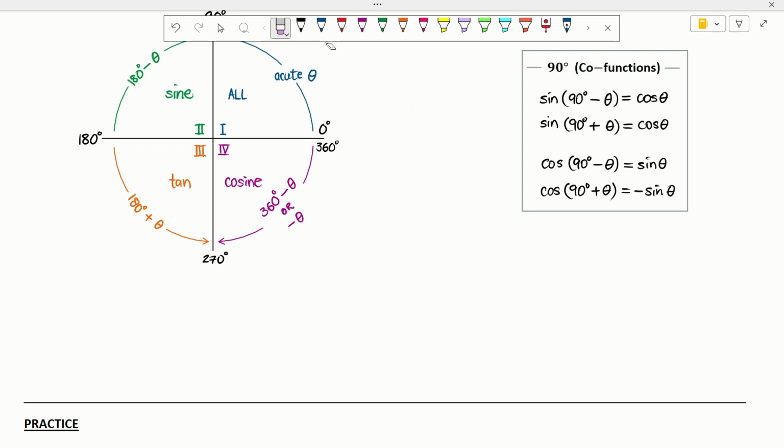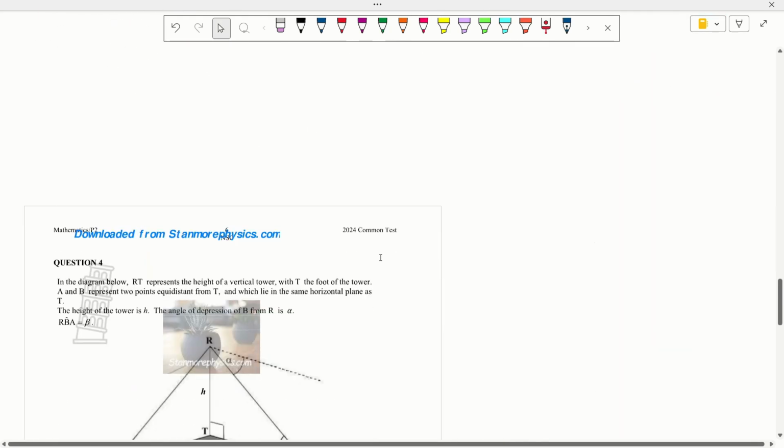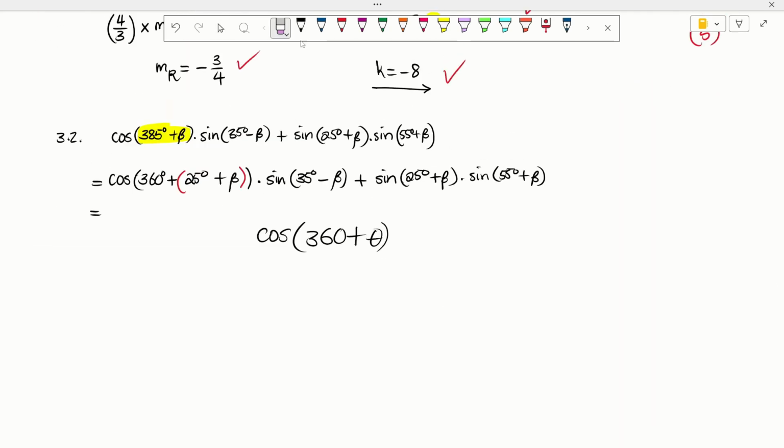And in the first quadrant, everything is positive. We don't even have to ask. So our cosine here will be positive. So I'm going to end up with cos of this angle in red, 25 degrees plus beta.